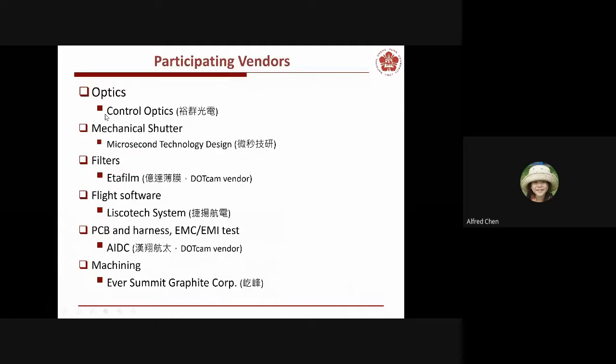The optics are from Control Optics, mechanical shutters from this company, and the filters from ETA Film. This company is also our vendor for the DIAT instruments. The flight software will be developed in collaboration with Tag System. The PCB and harness, and the EMC EMI test will be assisted by AIDC. And the machining will be by this company.